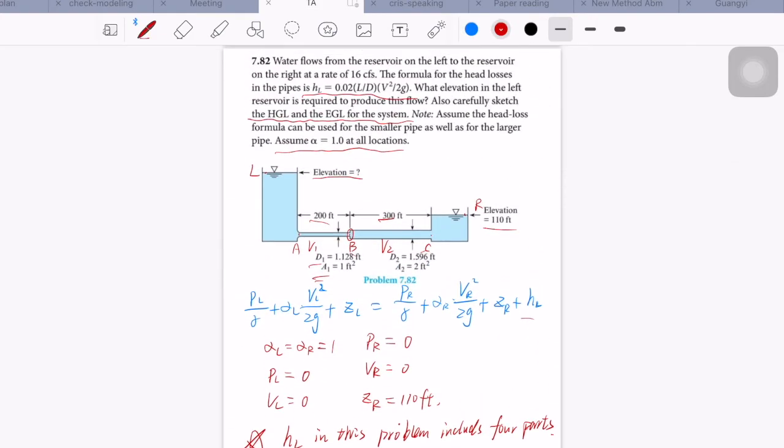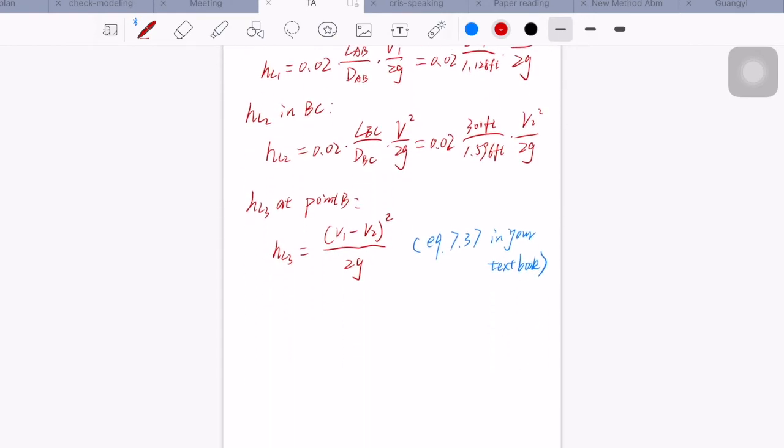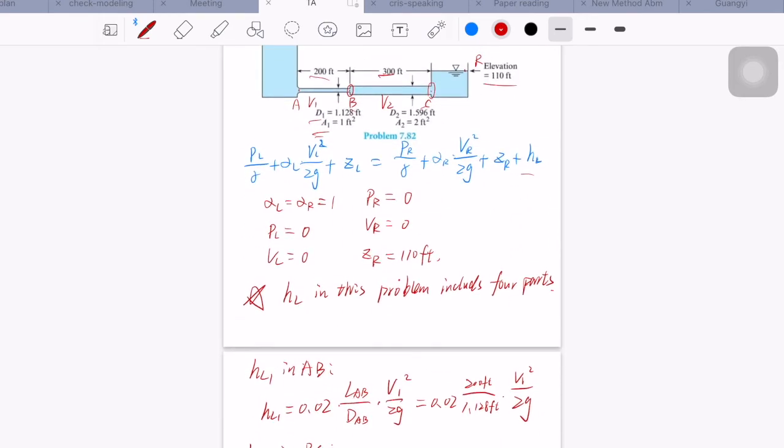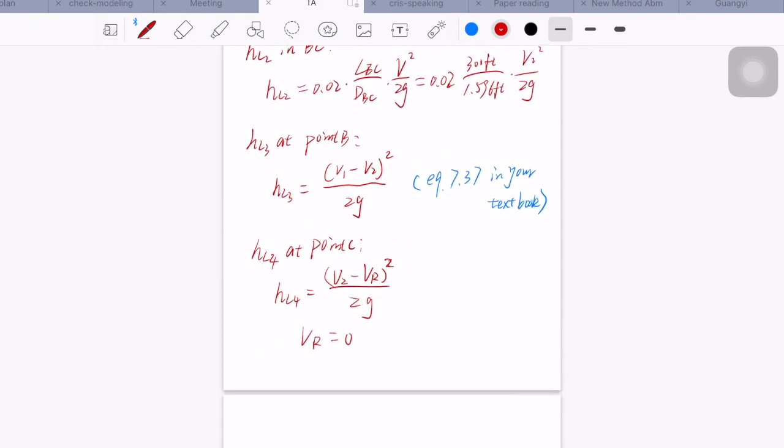And from this figure, we also know there is another abrupt expansion at point C. So the head loss at point C should be equal to V2 minus VR square over 2g, and since we know VR is 0, HL4 should be equal to V2 square over 2g.